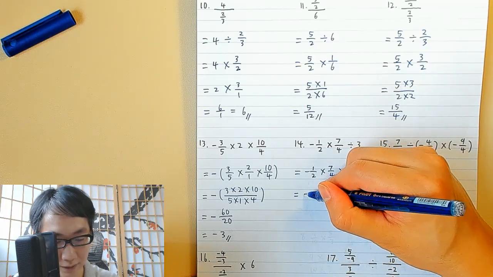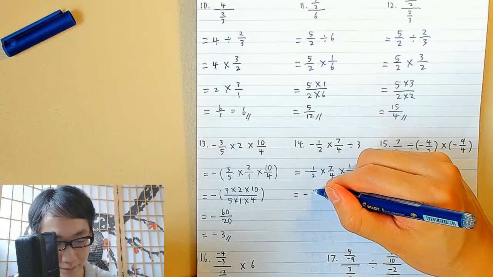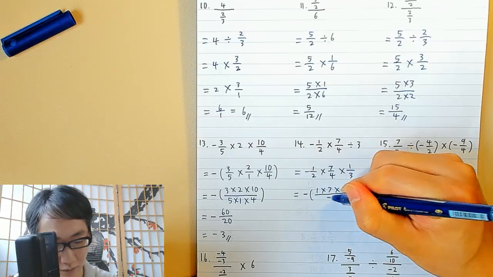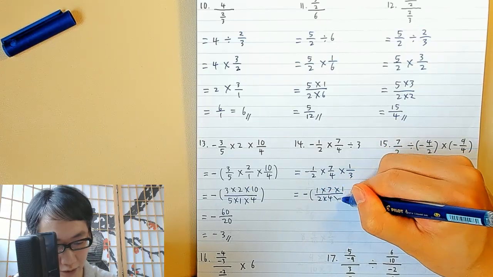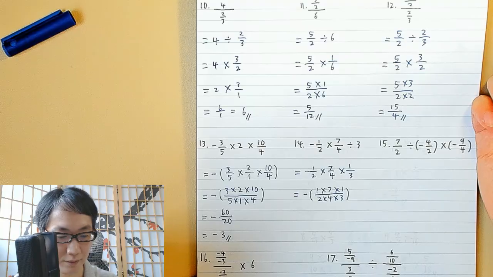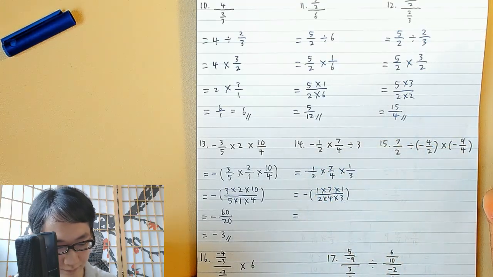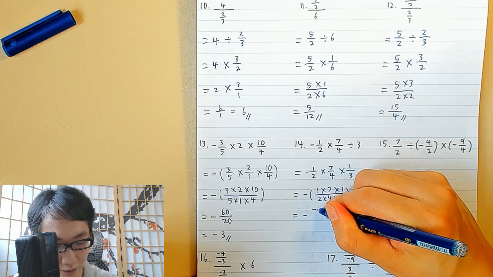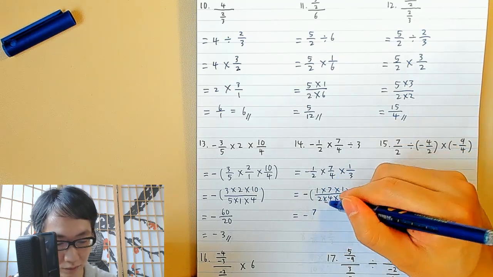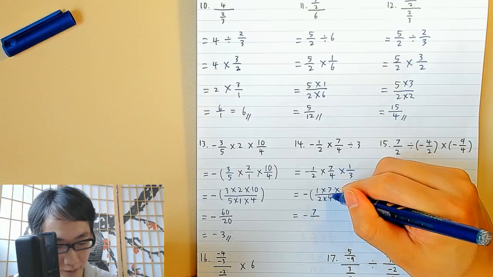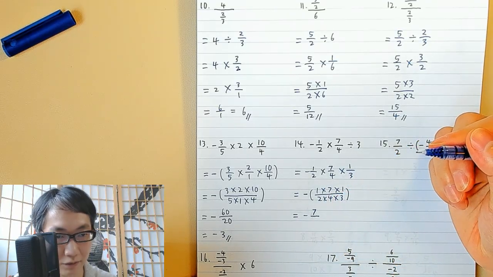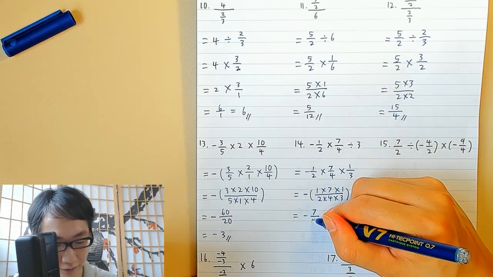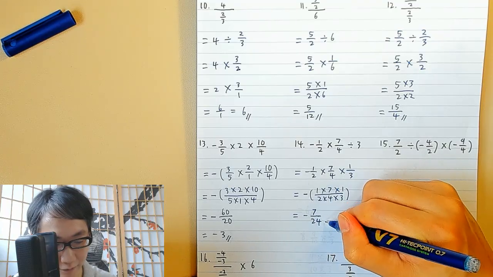So negative 1 times 7 times 1 over 2 times 4 times 3. Okay. And on the numerator, we have a 7, because 1 times anything is still that number. And 2 times 4 is 8. 8 times 3 is 24. Okay. So we have negative 7 over 24.